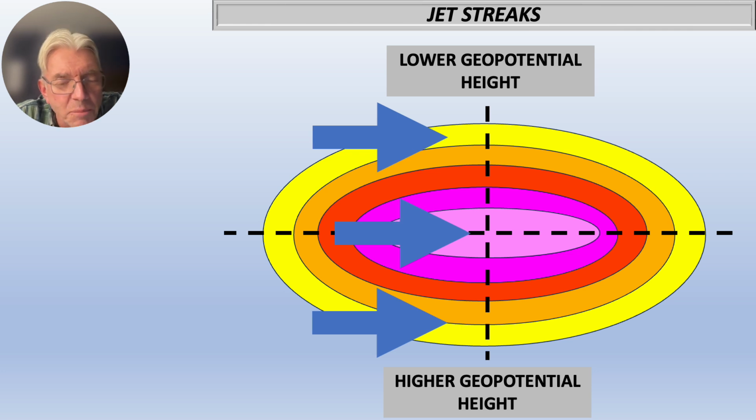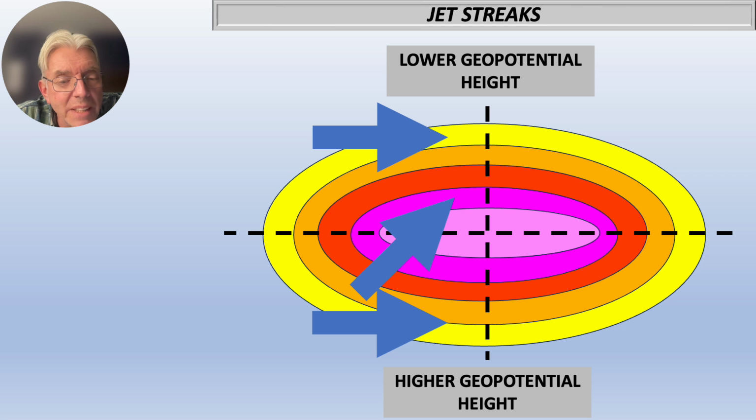okay? But if you think about it, if the kinetic energy is increasing, then the potential energy has to decrease in order to keep the sum constant, okay? So as it's gaining kinetic energy, it's got to lower its potential energy, and so that middle arrow rotates to the left.